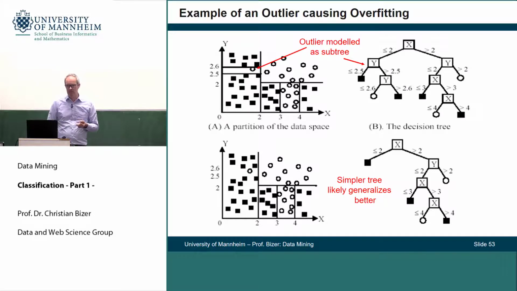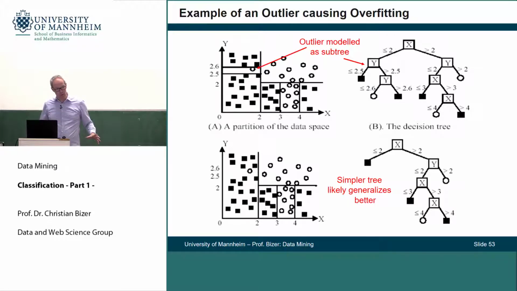So basically what happens, the model first checks if the x value is below 2, and then it checks if the x value is below 2.5, then it goes for square, or if it's higher, it checks again. If it's above 0.6, then it goes for square, and otherwise it goes for circle, so it models this specific outlier.